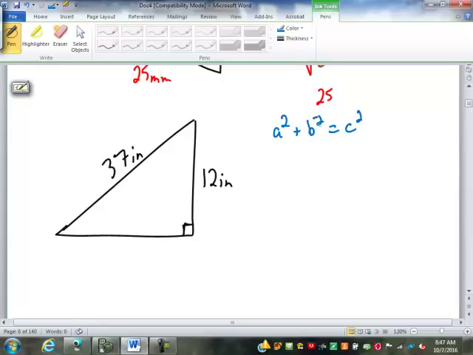But now I have the long side, and I'm missing one of the short sides. I can rearrange the formula to be C squared minus A squared equals B squared. So since I have the long side, the hypotenuse, I'm going to do 37 squared, that'll be C. This will be A, and my missing side will be B. So 37 squared minus 12 squared is going to be B squared.